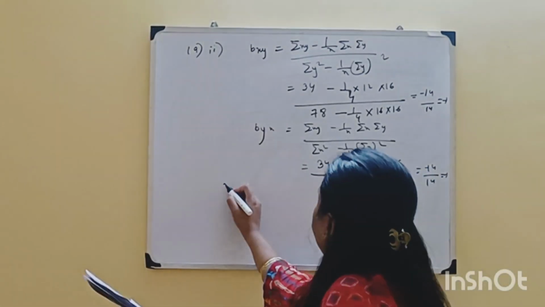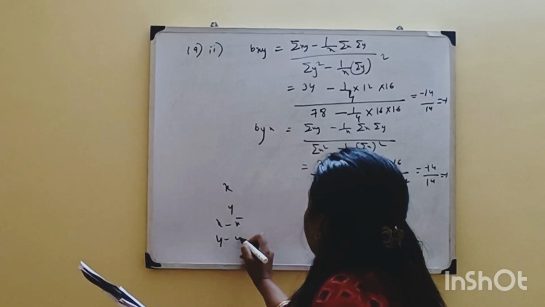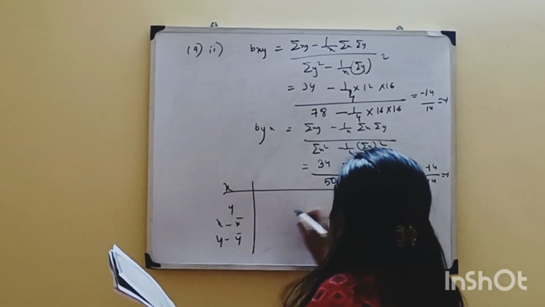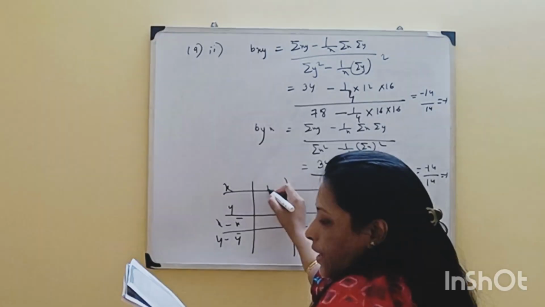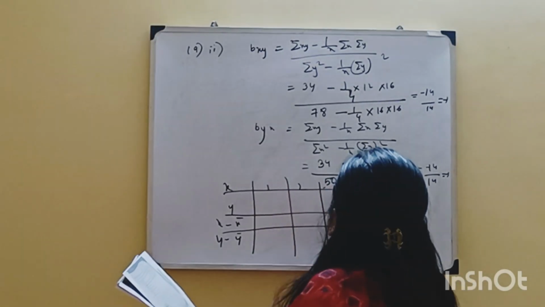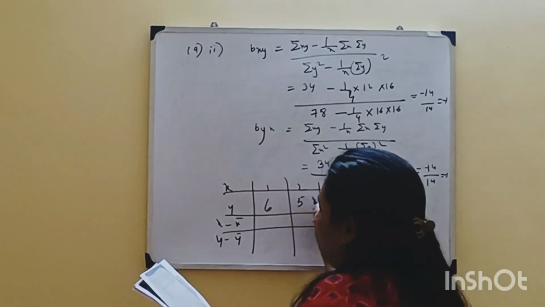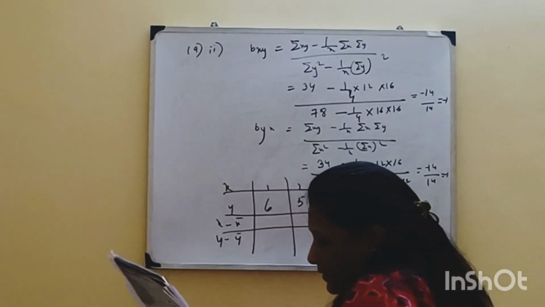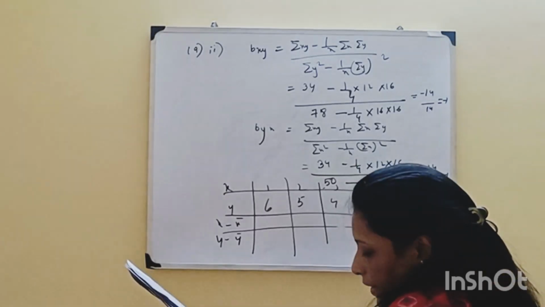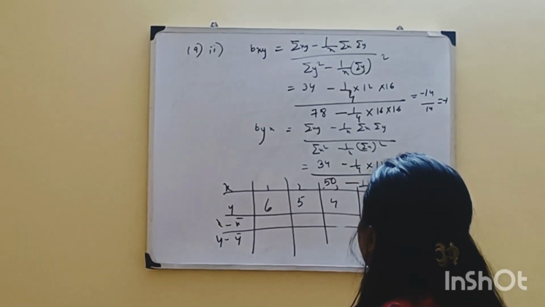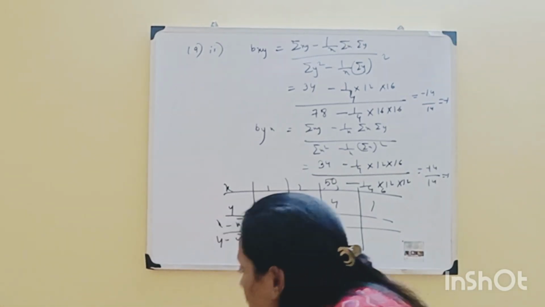And now we will calculate the table: x, y, x minus x bar, y minus y bar. So x is 1, 2, 3, 6. Y is 6, 5, 4, 1. So x minus x bar: x bar we have got 3.